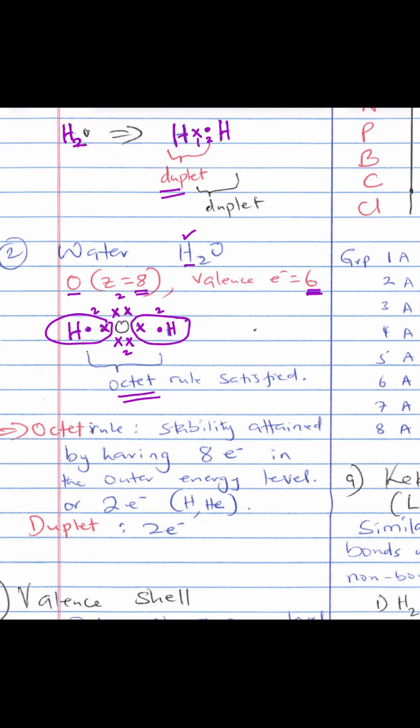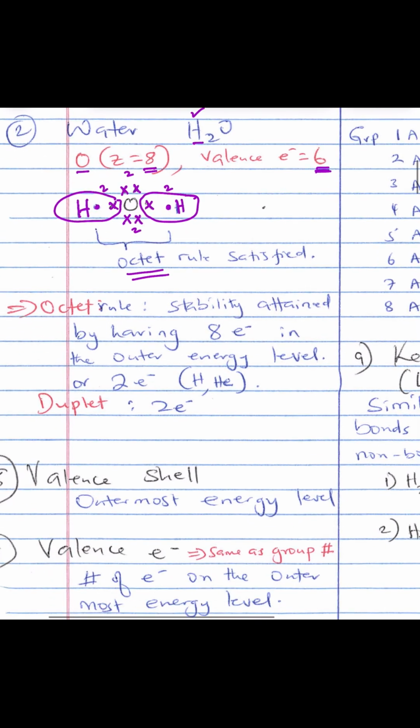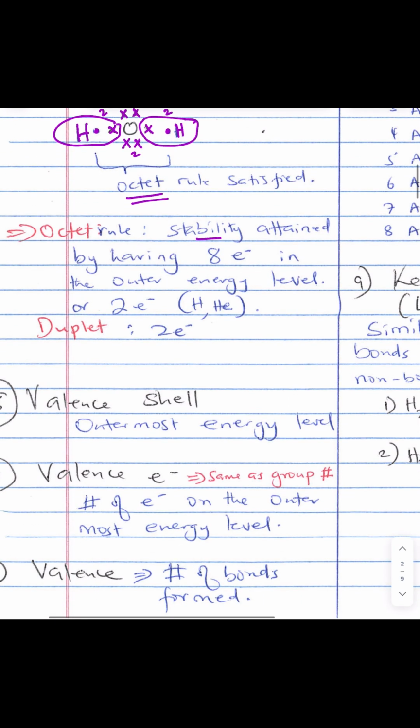So the octet rule says that stability is attained by having 8 electrons in the outer energy level. And then the duplet rule says 2 electrons. And for the duplet rule, it's only hydrogen and helium that satisfy that. All the other elements in the periodic table will satisfy the octet rule.